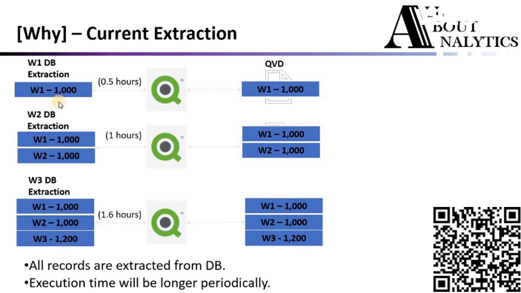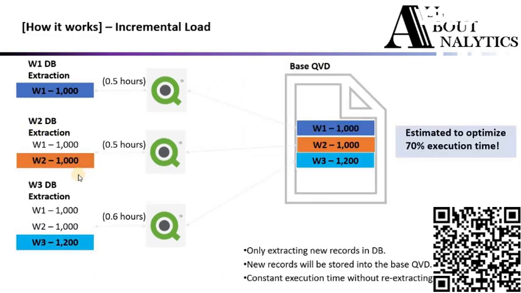So how can we improve this execution time here? All right. So here comes incremental load. Okay. So what we're going to do here is in week 1, we will only extract week 1 numbers, and store it into the base QVD. All right.